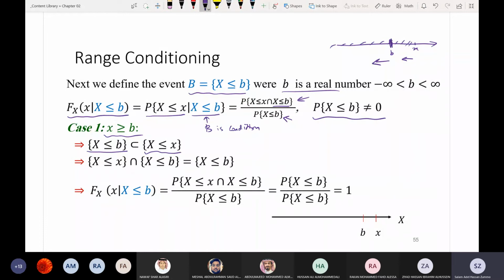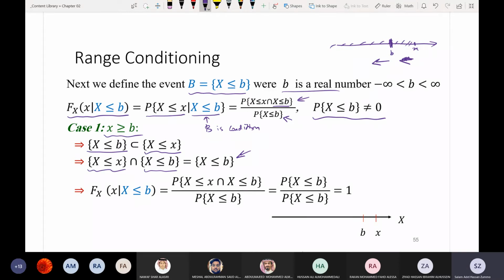I know that x is less than this value, so it is for sure less than the larger value. ولا لا؟ Okay? هذا logically. Mathematically, the intersection between x less than small x and x less than or equal to b is x less than or equal to b. This is the intersection because this event is a subset of x less than or equal to small x.